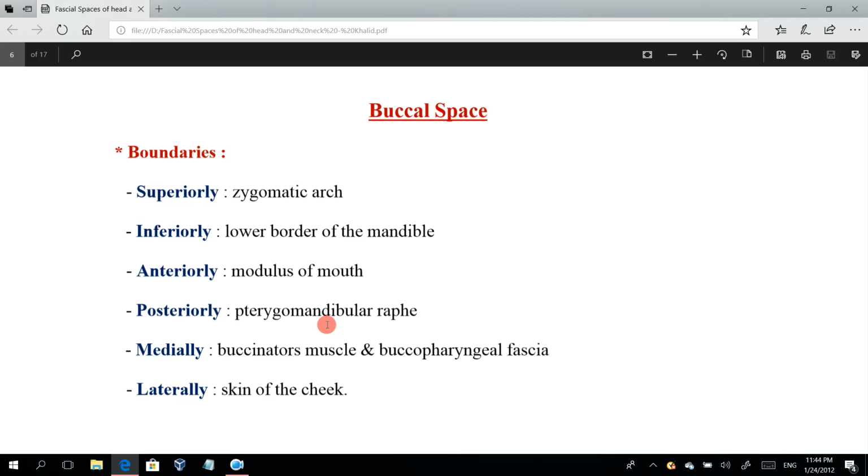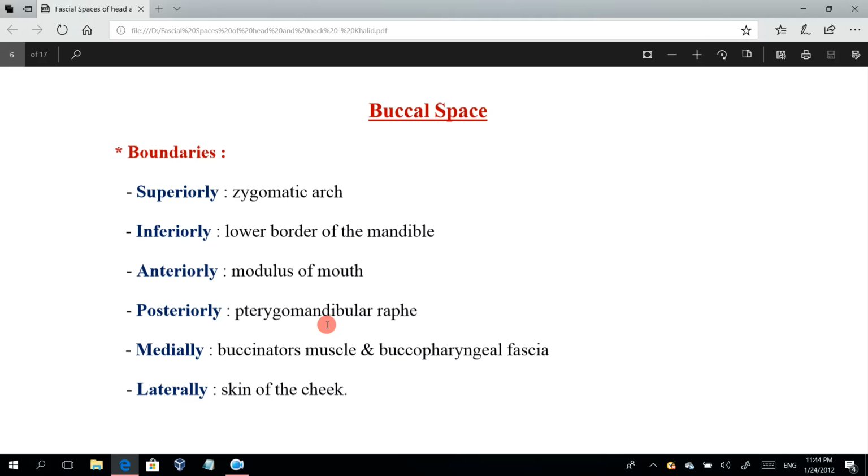From this point, the pterygomandibular raphe or ligament extends to insert in the posterior part of the mylohyoid line of the mandible. You know the mylohyoid line, which is the origin of the mylohyoid muscle.